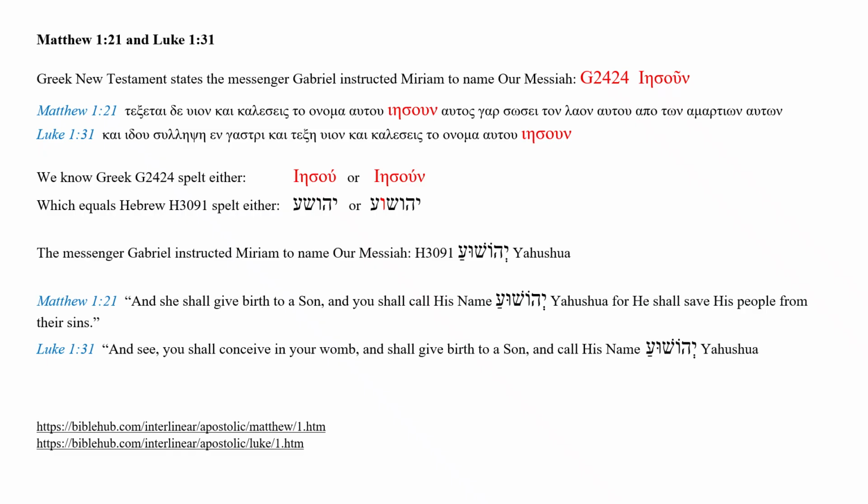The Greek New Testament states the messenger Gabriel instructed Miriam to name our Messiah G2424. We know the Greek G2424 equals the Hebrew H3091. The messenger Gabriel instructed Miriam to name our Messiah Yahushua.